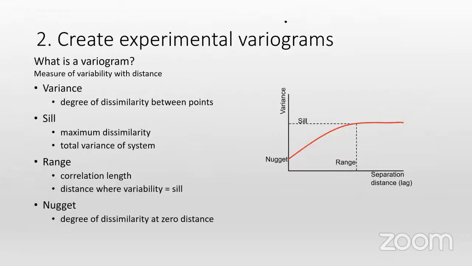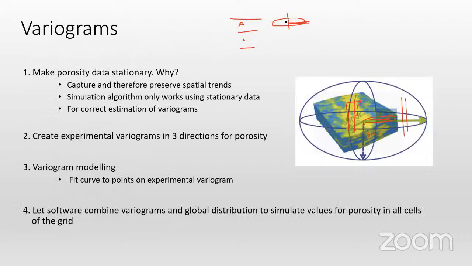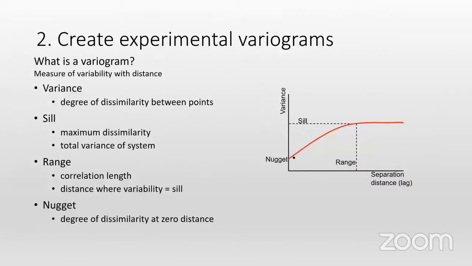I don't actually want to go through this slide. There are just types of variograms showing how we can find the major and minor ranges. For example, in this variogram, that's a sill.